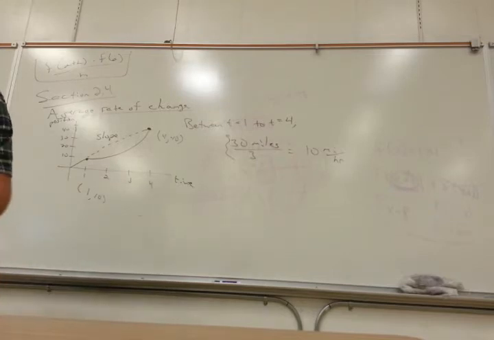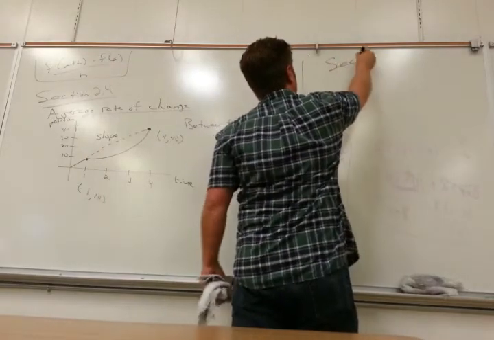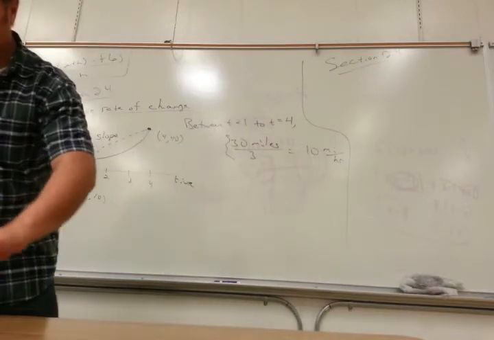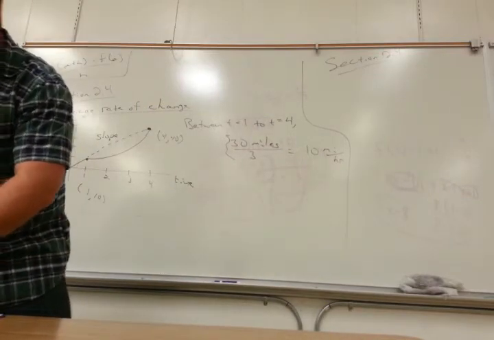So let me give you another specific problem, because there's not much more to this than that, honestly. In fact, to give you the formula, it's a little bit different.